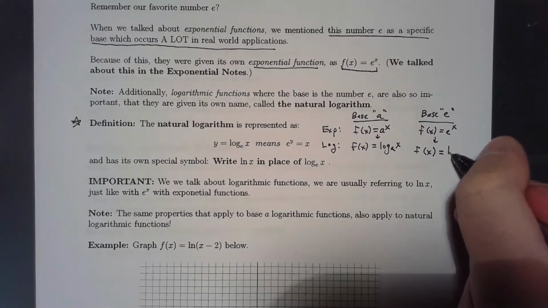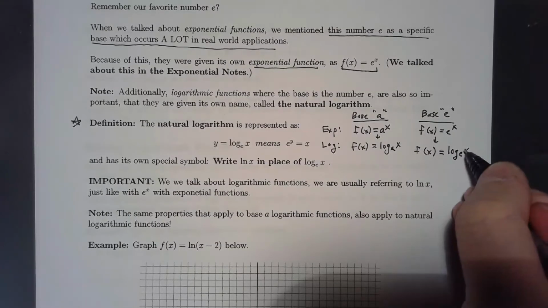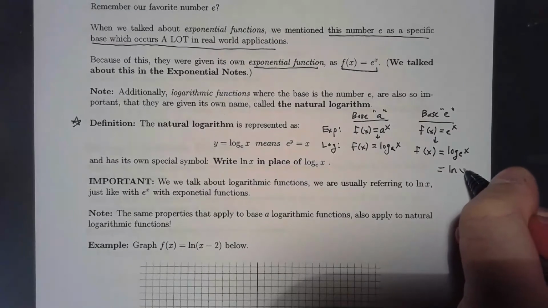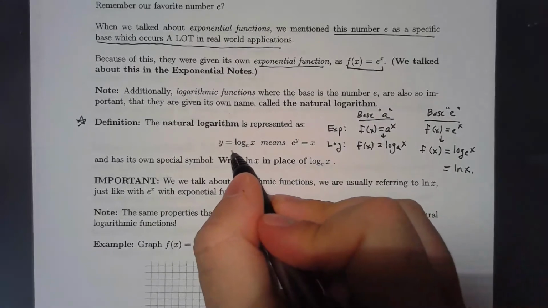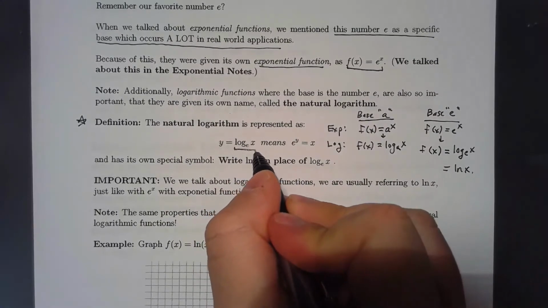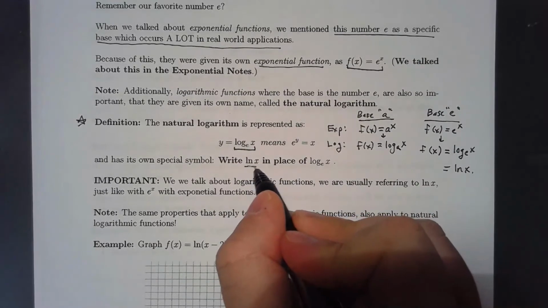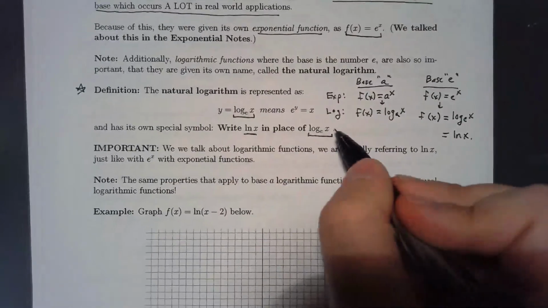If my log is base e of x, we don't write it this way. We call it the natural log, ln of x. And that's what I'm talking about right here. So if I have log base e of x, we write ln of x in place of log base e of x. We don't write it this way.